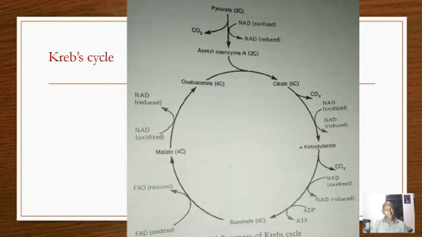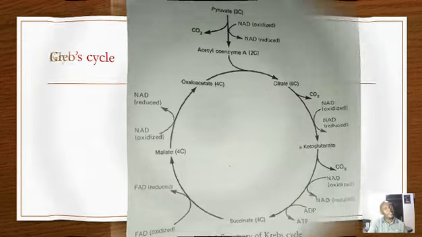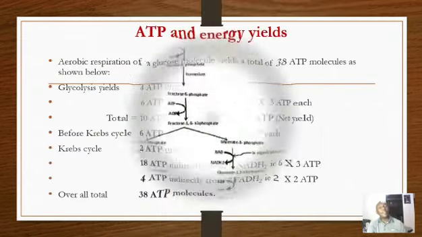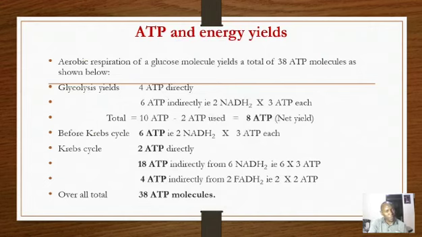But how many pyruvate molecules do we have? From glycolysis, they are 2. Meaning, how many NADH2 molecules do we have? They are also 2. That is why we are saying that before the Krebs cycle, there are 2 NADH2 molecules.